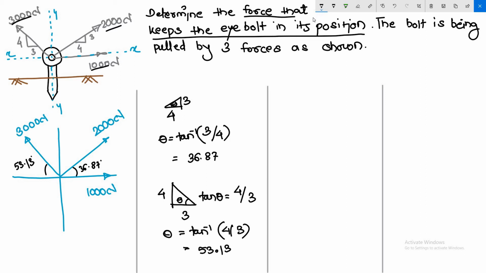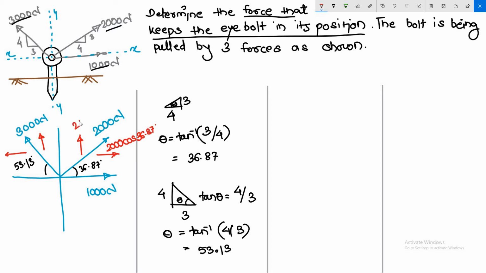So we are now free to show the components. Now we are in the actual problem where we will first determine the mutually perpendicular components. This is the vertical component, this is the horizontal component, again a vertical one and a horizontal one. We have shown the arrows of the components outward, because the force is also going outward. Now the component of 2000 Newton, this one is going to be the cos component, 2000 cos of 36.87 degrees.